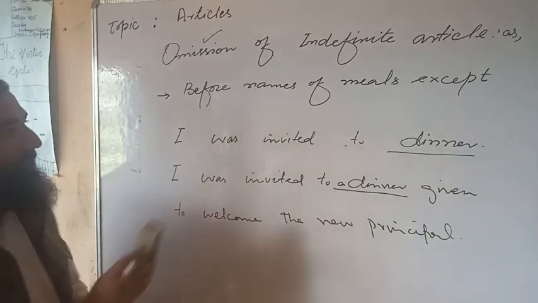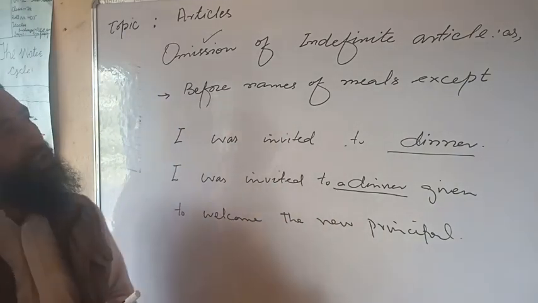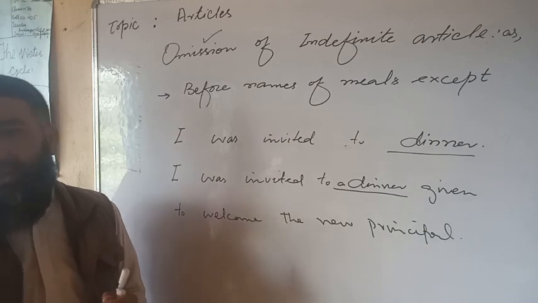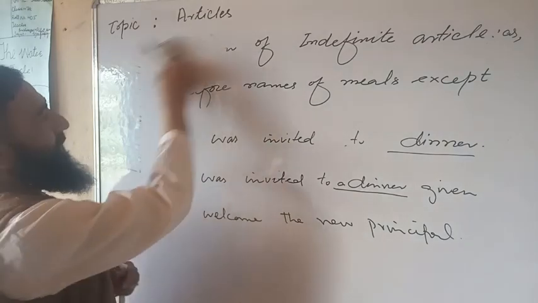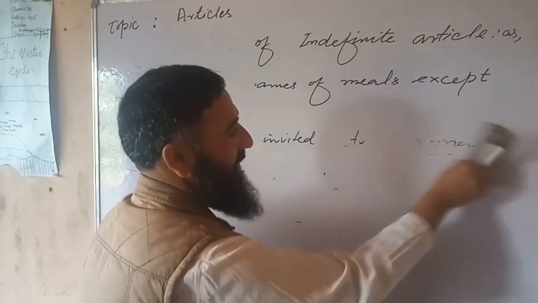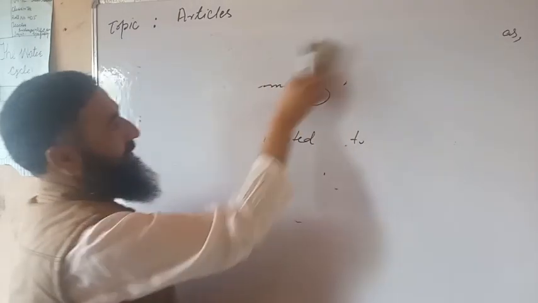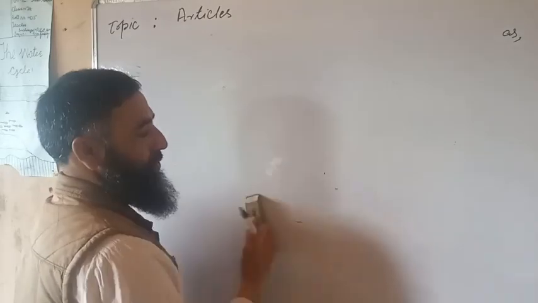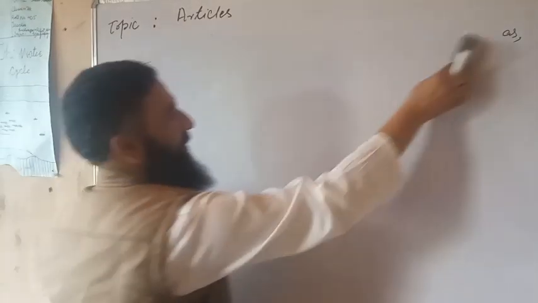Is it clear? Okay. These were the omissions of the indefinite article. Only these three omissions you will keep in mind, the three places where we don't use any indefinite article. Okay.